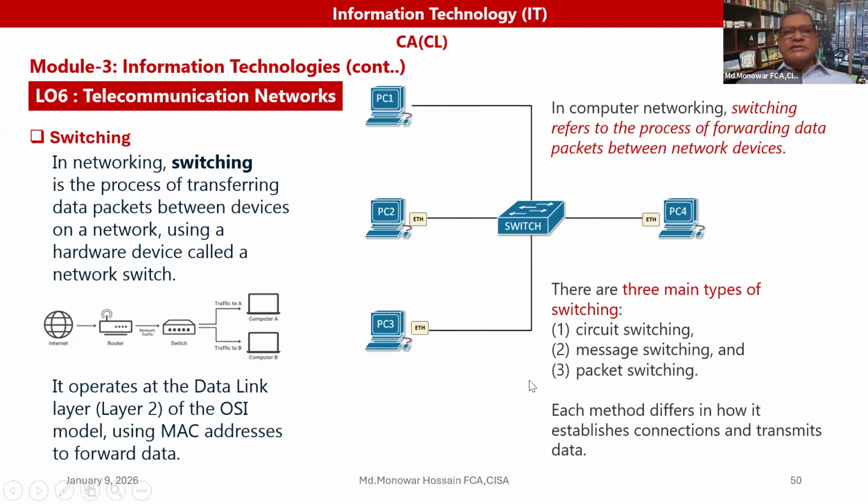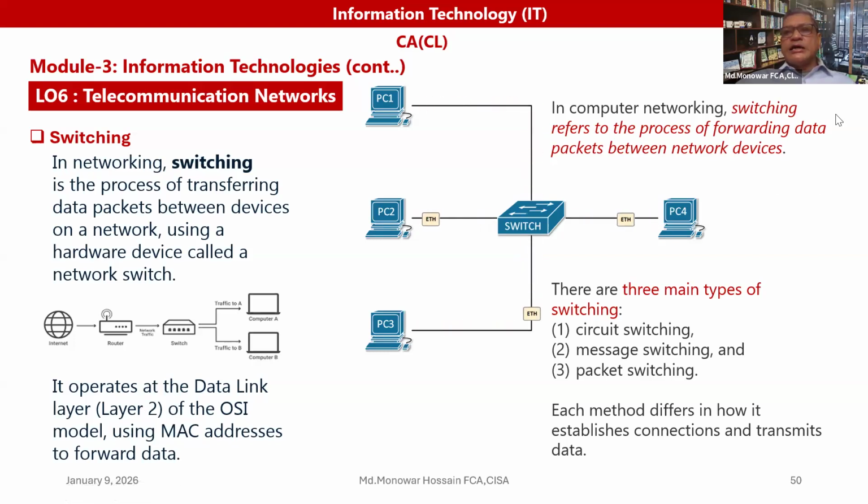So it operates in the data link layer. We will discuss the layers below today. On the OSI model, it uses the data link layer, that means layer 2. The OSI model has 7 layers. So at layer 2, they address and forward data.